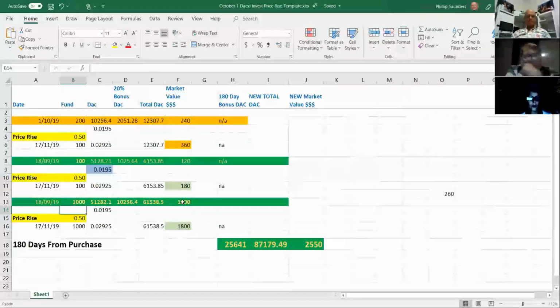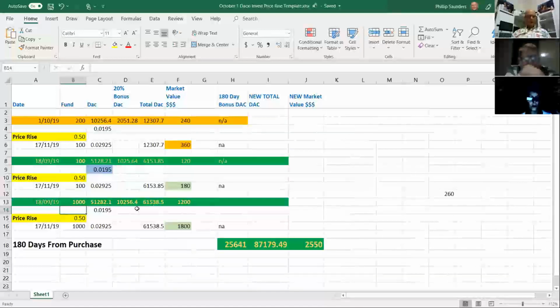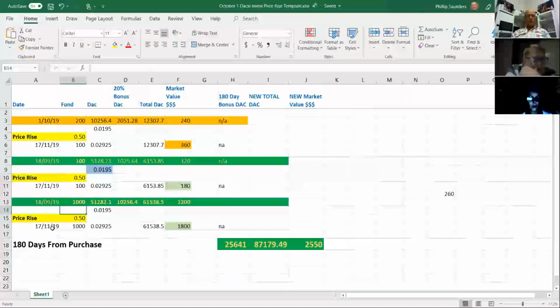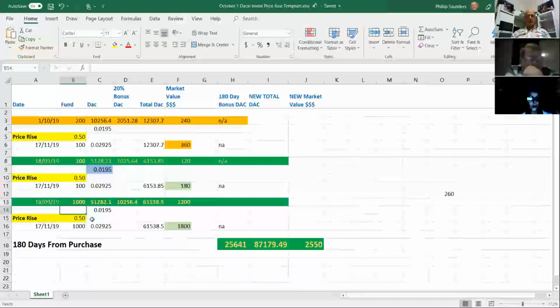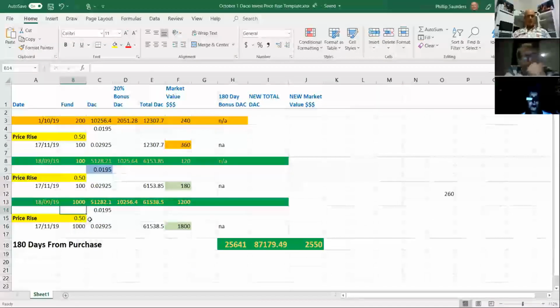Now, that's immediate. On the 17th of the 11th, of course, we know we're going to get a 50% rise. So we apply that 50% rise.